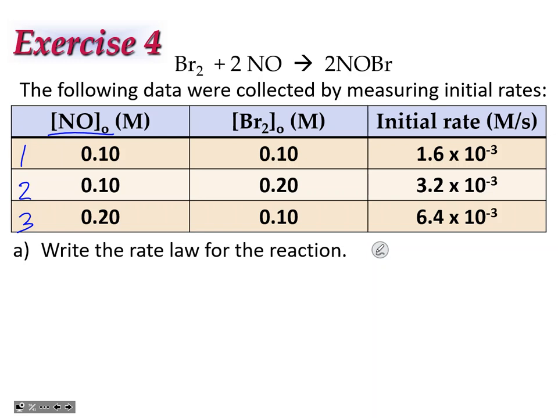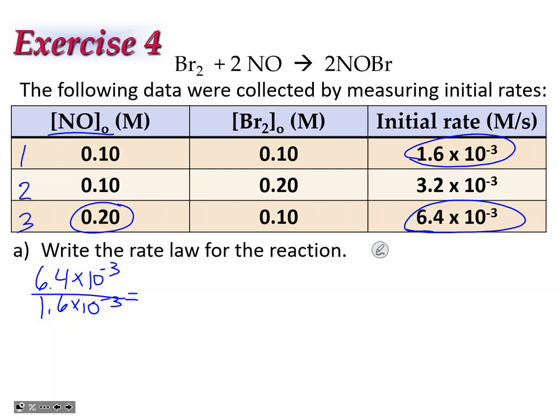So we have our third experiment. Going to do that first. The rate goes over here, over our first experiment, the initial rate, 1.6 times 10 to the minus 3. That's going to equal our concentration here, 0.2 raised to the n, over our concentration here, 0.1 raised to the n.